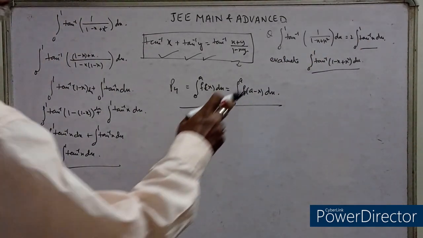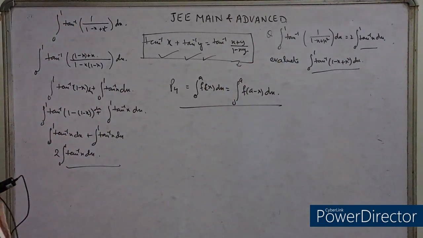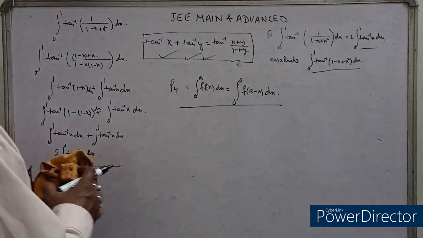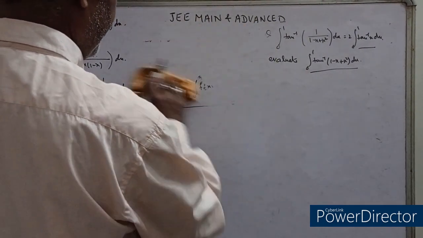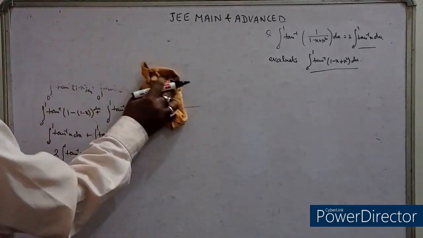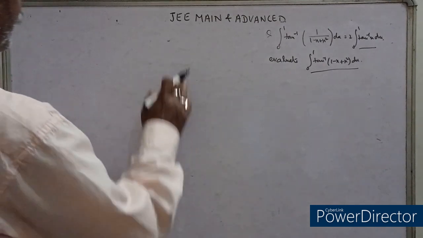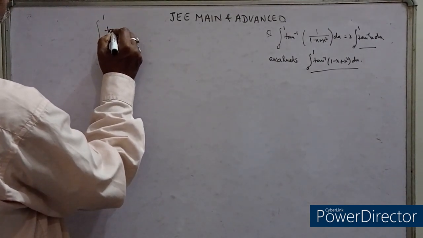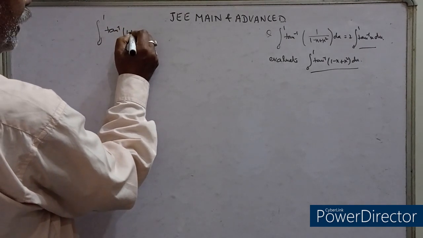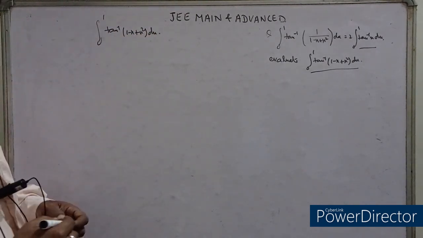Now I have to evaluate this. Let us see how I am going to evaluate it. So here this is integral from 0 to 1 of tan inverse of 1 minus x plus x square dx.